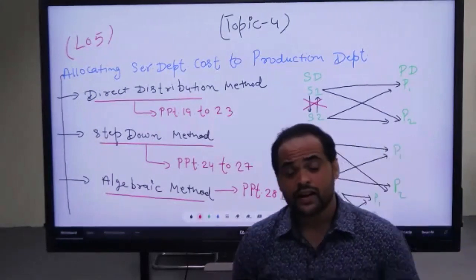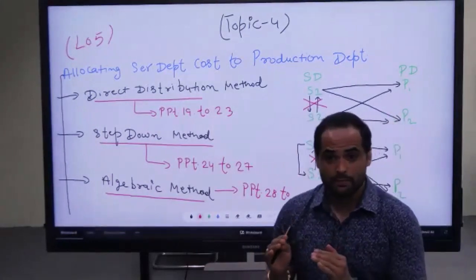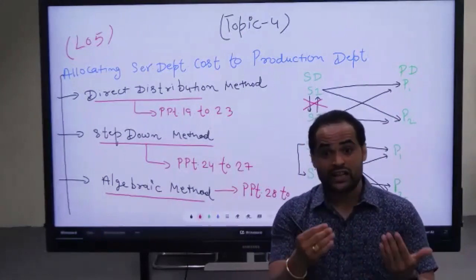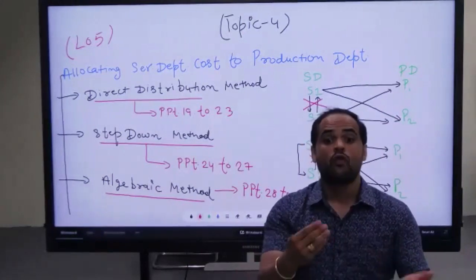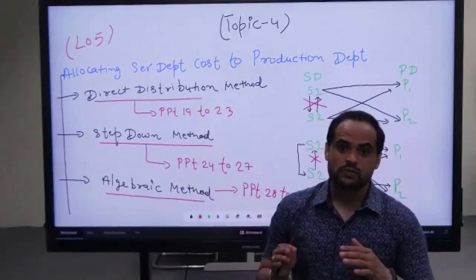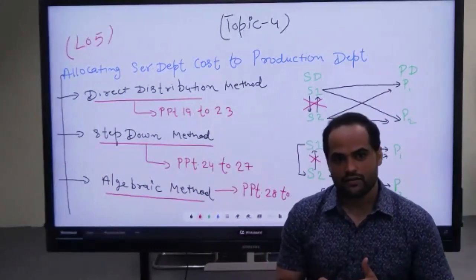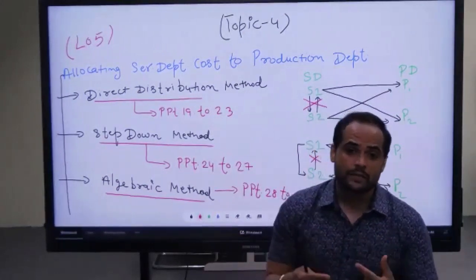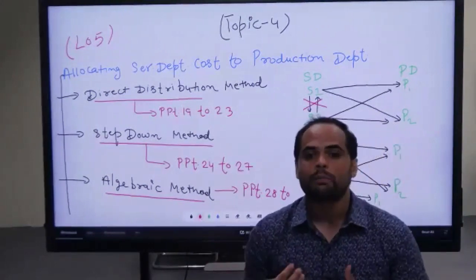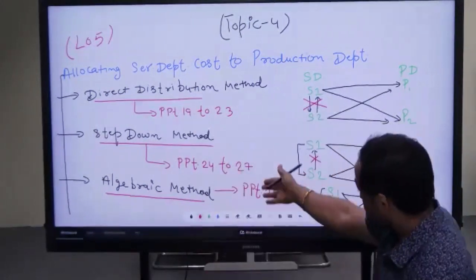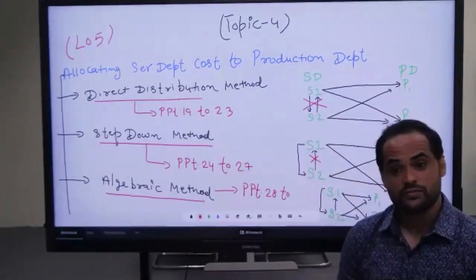Let me give you an example of allocation in the algebraic method before we move on to the calculation, so it's easier for you to understand how we calculate, because the algebraic method is one of the most complicated among these three methods because of the allocations.